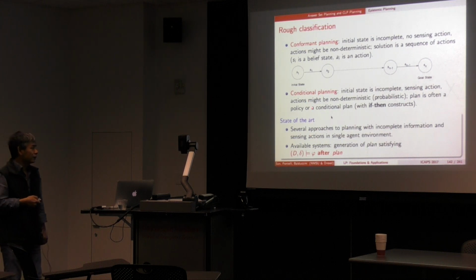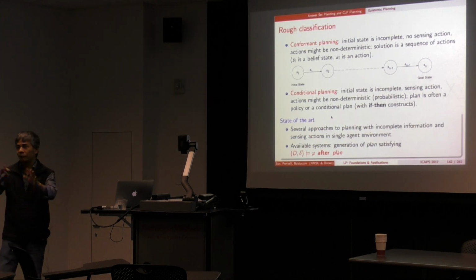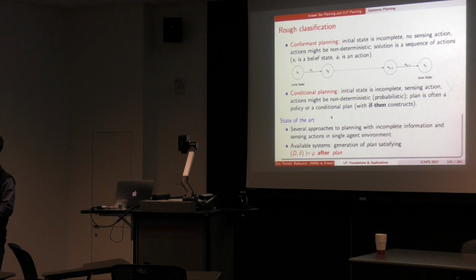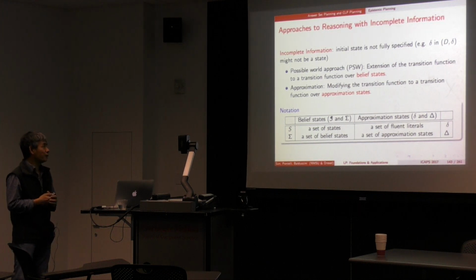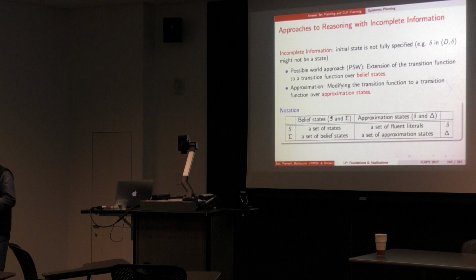So, to state quickly, this problem has been addressed by many people, with sensing actions in a single agent environment. Just to quickly give you an idea of the approach to reasoning with incomplete information, there are two main approaches.